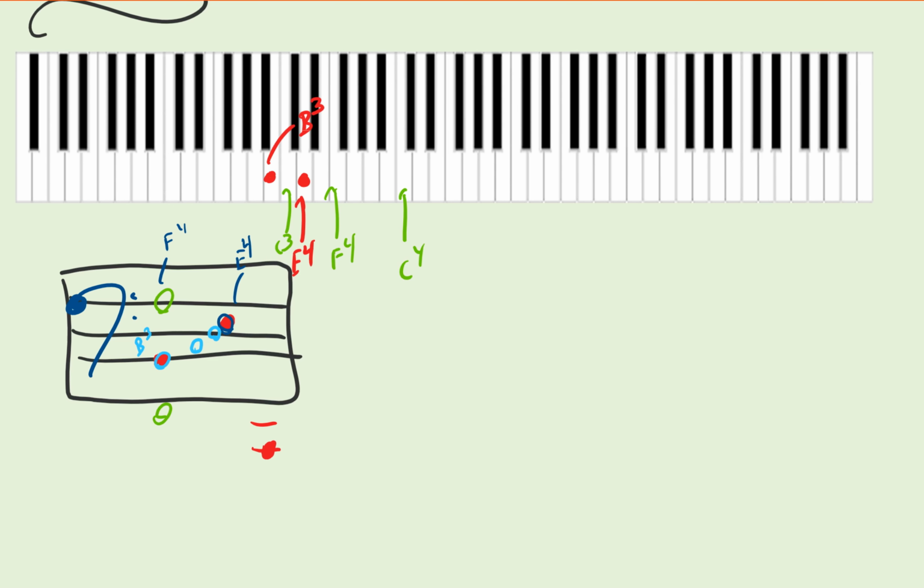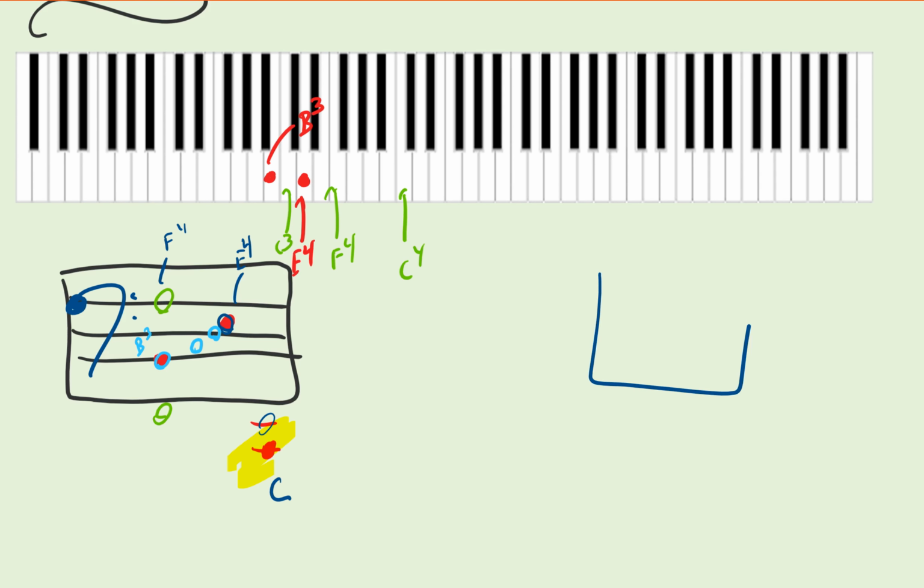Alright, so now let's move to this lower one down here. Now what is it? So remember, if you're familiar with the treble clef, then everything is shifted down one, right? So if this used to be a C in the treble clef, shifted down one whole step, that means this is going to be a C. But which C is it?